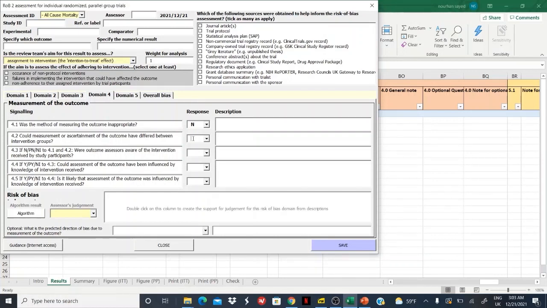Now, this refers to two main scenarios, right? If one medication involves more follow-up visits to the clinician or the hospital, so for instance, if you're trying to compare warfarin with some other anticoagulant, patients assigned to warfarin will often follow up more frequently to monitor their INR, for instance.